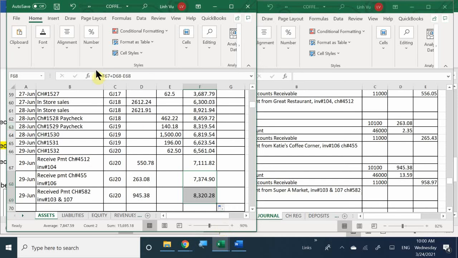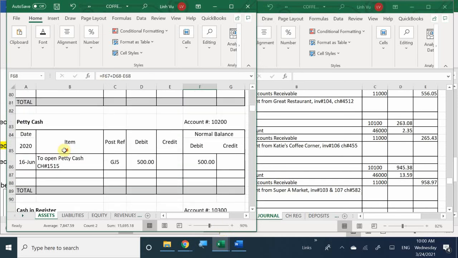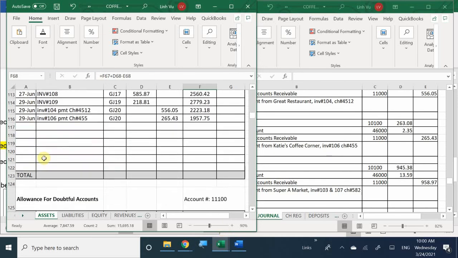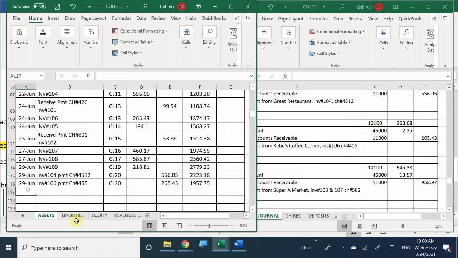All right. I'm just going to go right down below because my account receivable is right below anyways. So it is the 29. We received a payment for invoice number 103 and 107. Payment PMT. Check number 582.